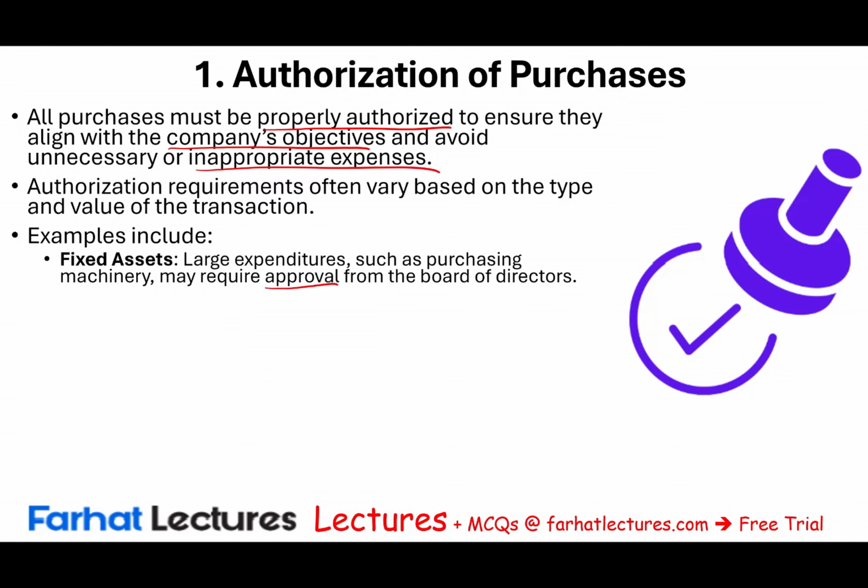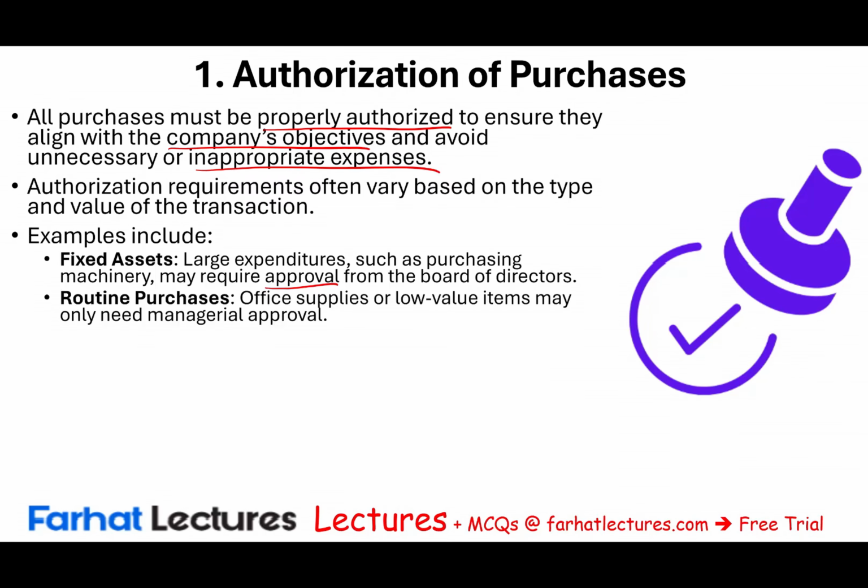So as an auditor, if you know any property, plant, and equipment purchase would need board approval, if that's the company's bylaws or rules, you have to check that authorization. Do they have the proper authorization to make that purchase for that fixed asset? So this is what we mean by proper authorization. A purchase cannot be made unless we have the proper authorization.